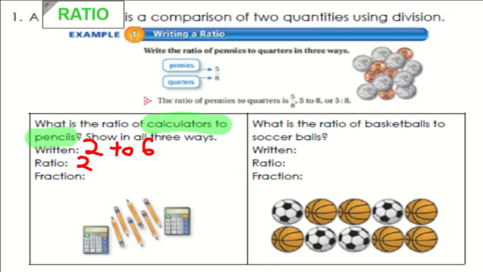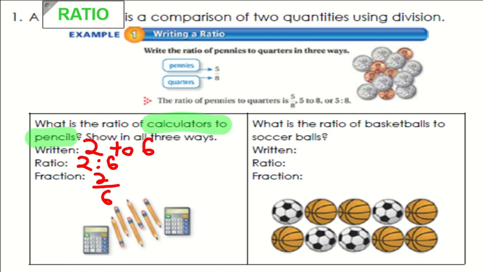So you got a 2, the 2 little dots for a colon, and 6. Out of the 3 ways to write a ratio, that's going to be the most common one that you see. You'll see that one the most frequently for your 6th grade math. The last one is a fraction. That's literally a fraction. The first number is the numerator, second number, denominator. Okay? Any questions on that?